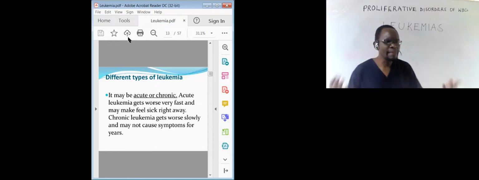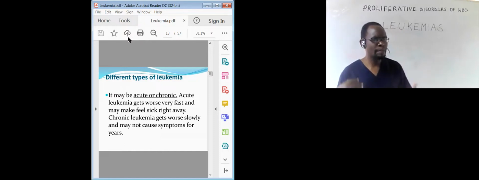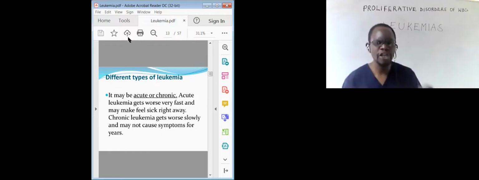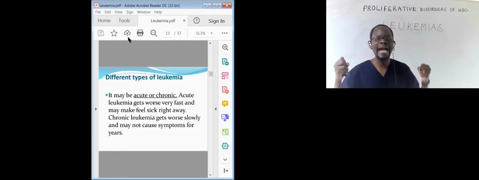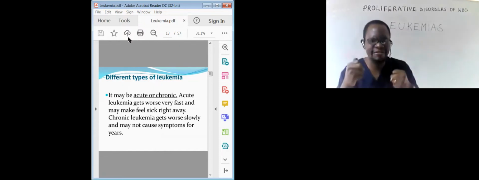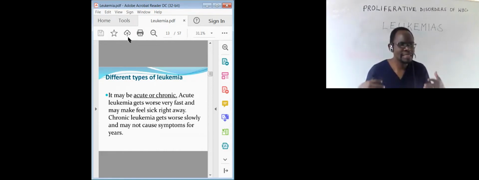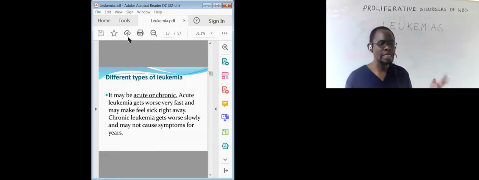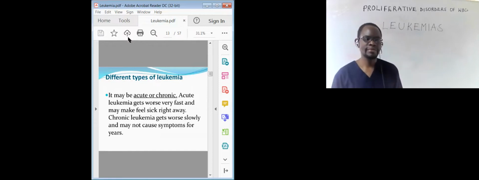Acute leukemias get worse very fast and may make the patient feel sick right away, because of the too much cell division. So they become acute and very aggressive. While in chronic leukemias, the patient gets worse slowly, and the symptoms may be there for years. Is that clear? Javier, is that clear?